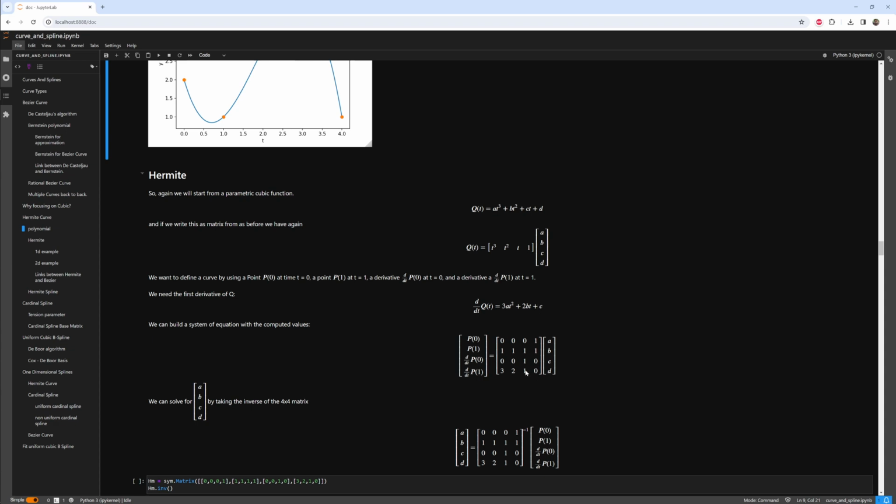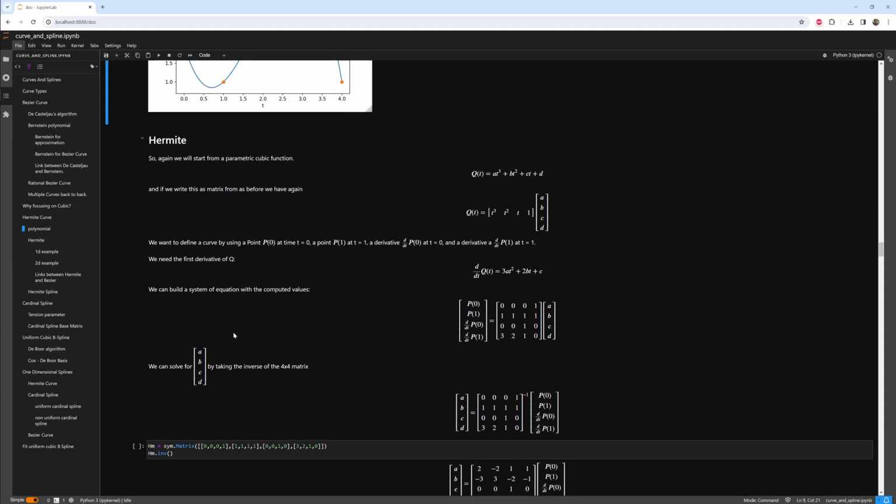The D has disappeared. So basically now I have the same system of equations as we had before, except that now it takes point 0, point 1, the derivative of point 0 and derivative of point 1. And then we could solve for A, B, C, D again, except that this time I will not solve it numerically because I'm still trying to find the functions itself.